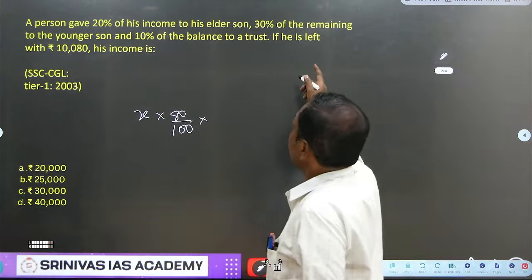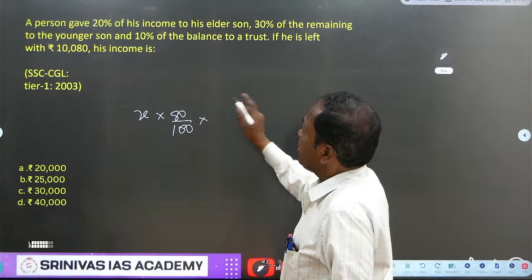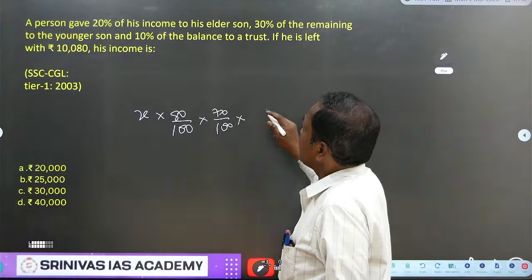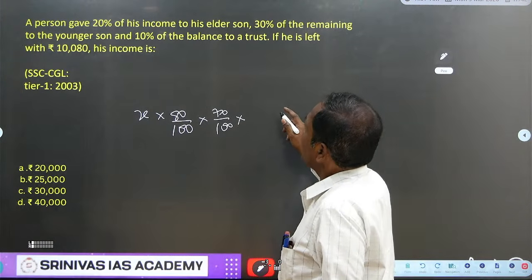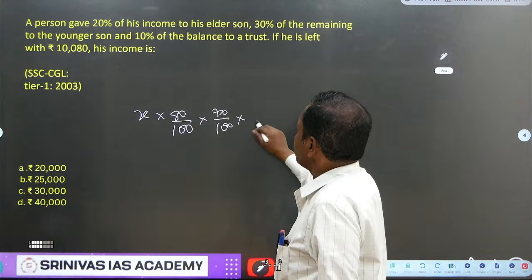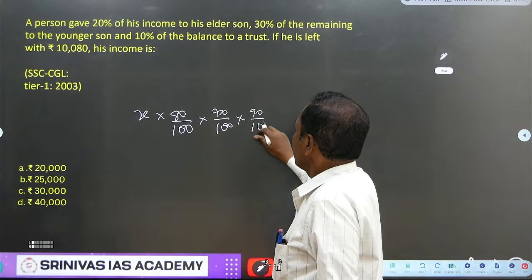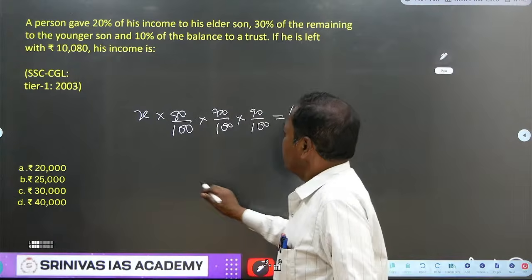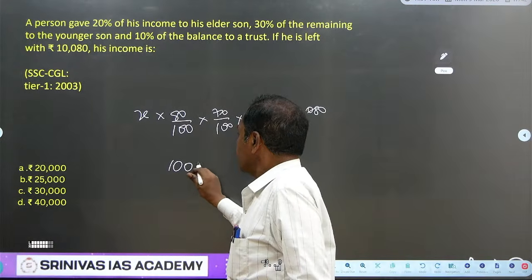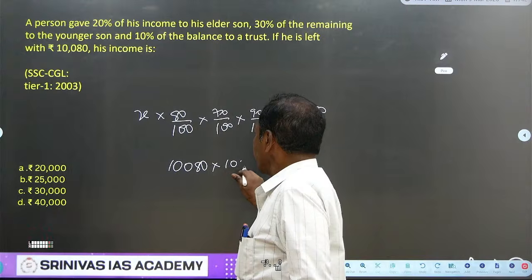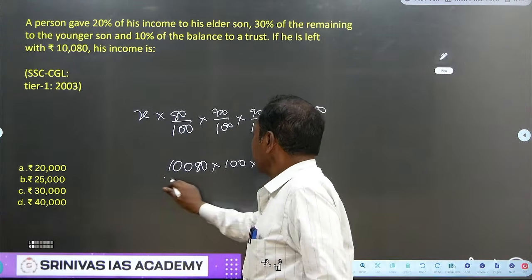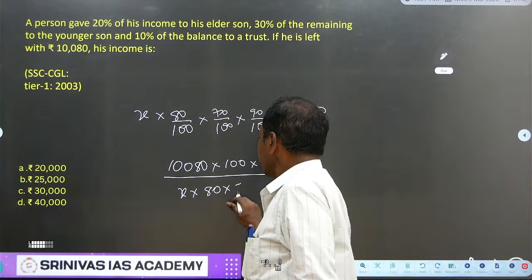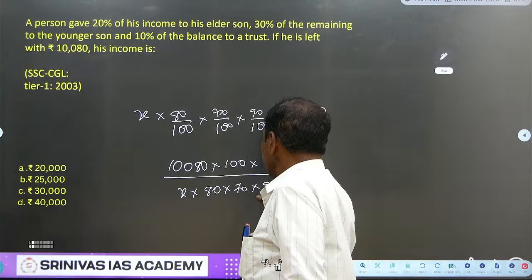Then 30% of the remaining to the younger son, so 70% remains. Then 10% of the balance to a trust, so 90% remains, and he is left with 10,080. Now 10,080 into 100 into 100 whole divided by X into 80 into 70 into 90.